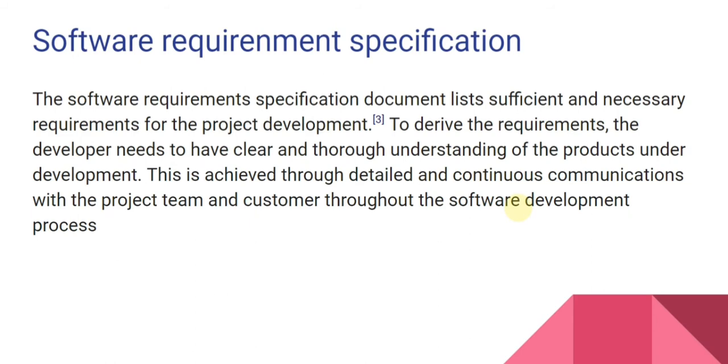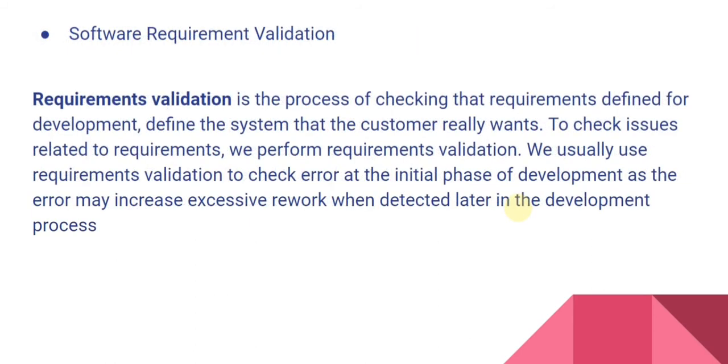Software requirement validation. Validation is the process of checking the requirements defined for the development, to define the system that the customer really wants and to check the issues related to the requirements. For example, we have made the system, but the user is not on the same page as the developer.